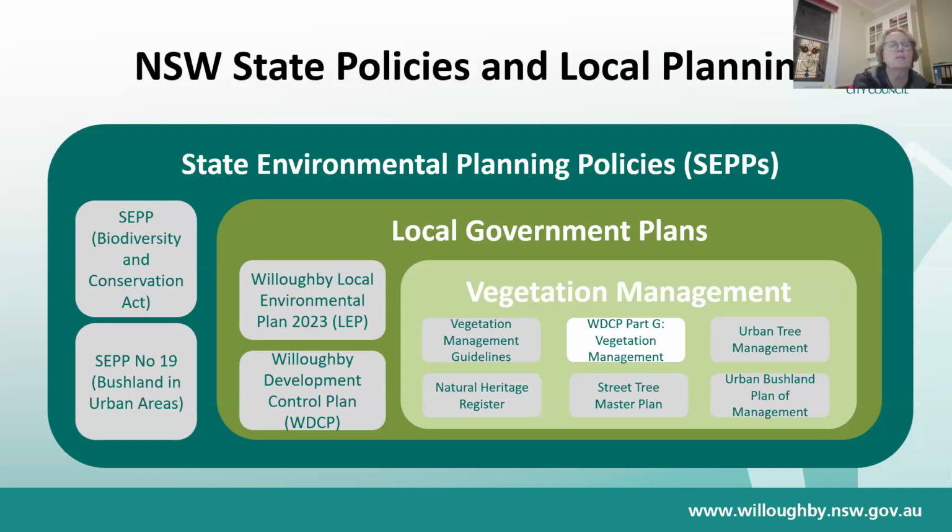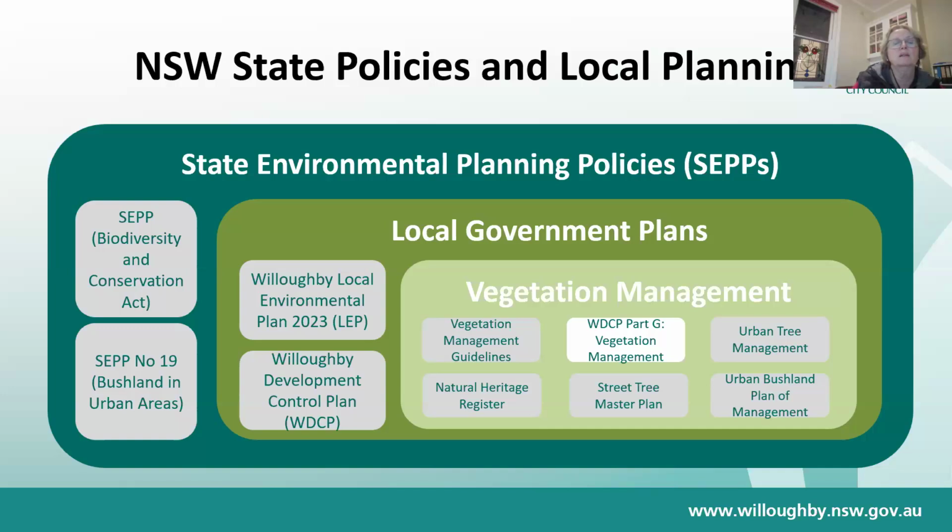Well, it's under the two instruments of the Willoughby Council Local Environmental Plan and the Willoughby Council Development Control Plan. So the LEP is the actual formal instrument, and the DCP is where council gets the opportunity to tweak some of it. And one of those, as we're talking tonight, is Part G, the vegetation management.